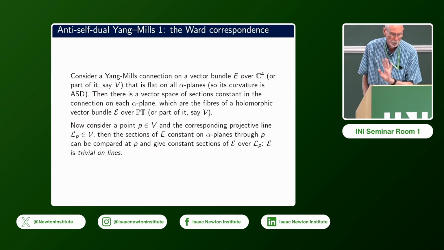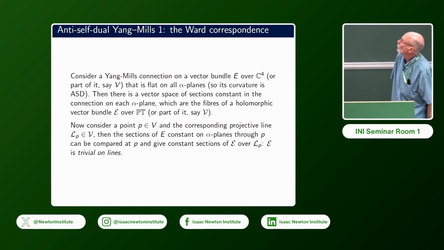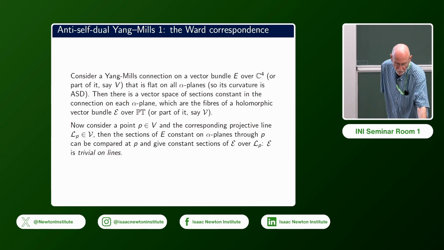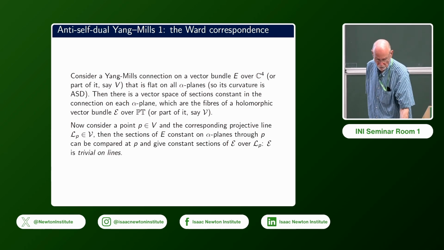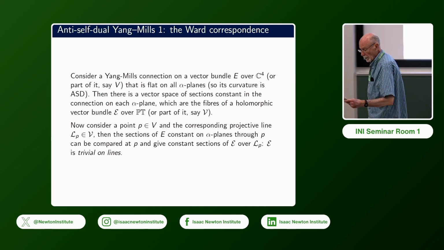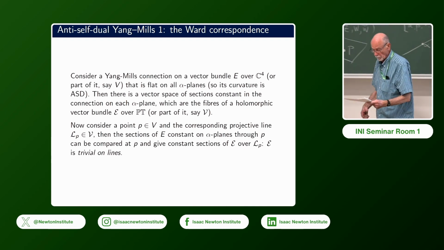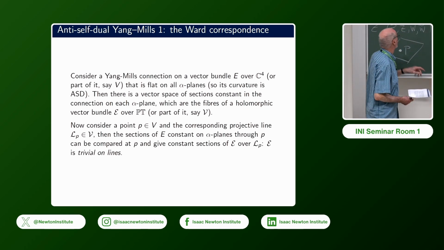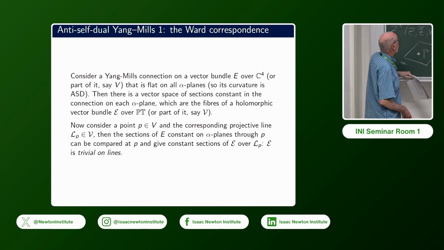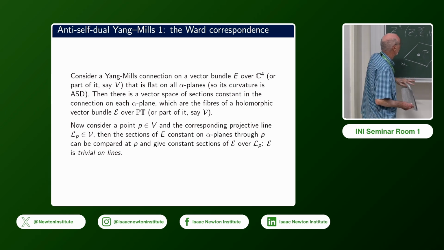So now we shove on to anti-self-dual Yang-Mills. There's going to be five pages of this, and here's the idea. Actually I can do it if the microphone will stretch. Suppose you've got a Yang-Mills connection on a bundle over the C4, or in fact over a bit of the C4.